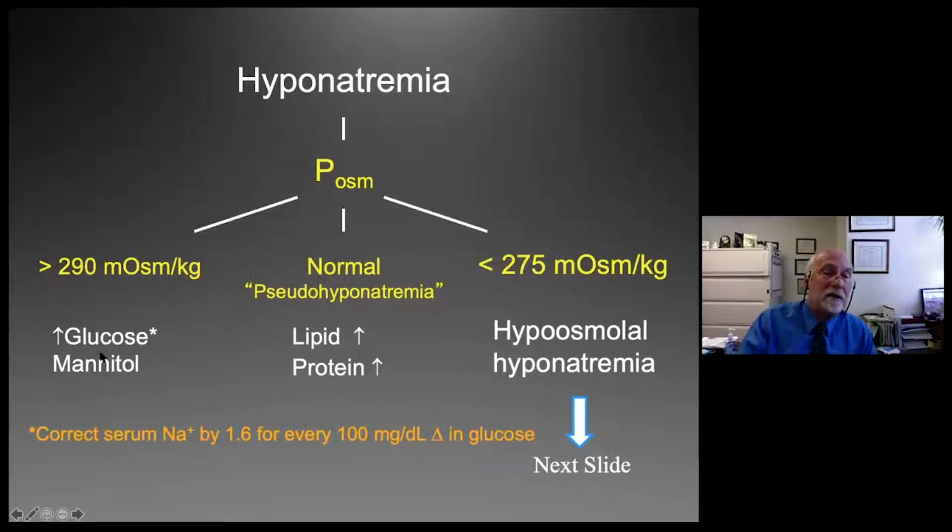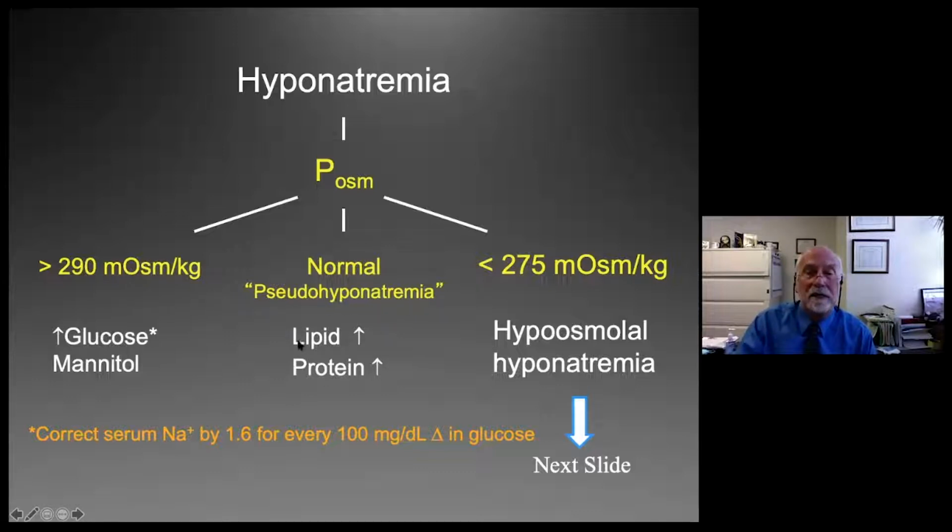If you have a lot of glucose in the blood or mannitol, that's going to draw water out of the cells appropriately, physiologically, into the vascular space, because glucose can't be taken up by the cells, and that's going to lead to a dilutional hyponatremia. But when you measure the osmolality, it's going to be elevated. So that's not relevant here, but important to keep in mind.